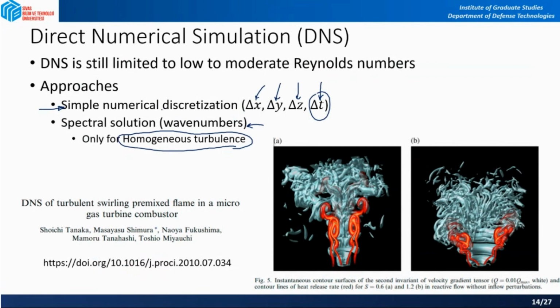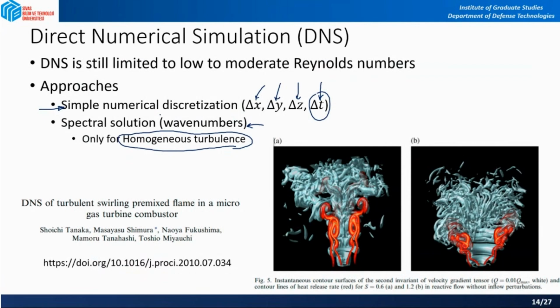Since one of the main assumptions in many RANS type models is to have homogeneous turbulence, we can use that data, although it doesn't have direct engineering importance. And as we said, it is beneficial to calibrate the models and has its share in turbulence research.